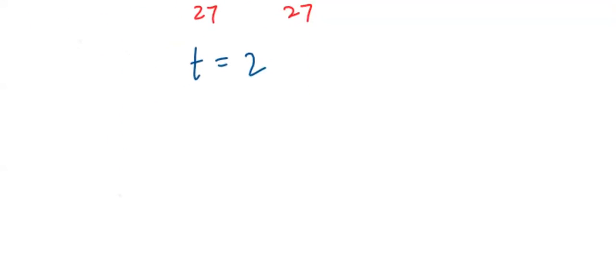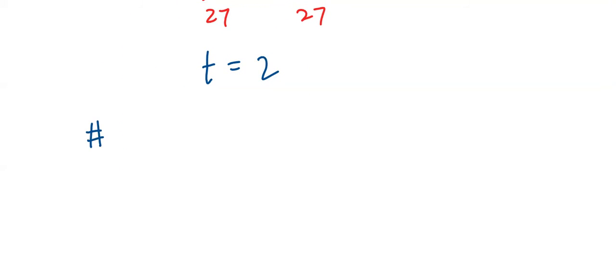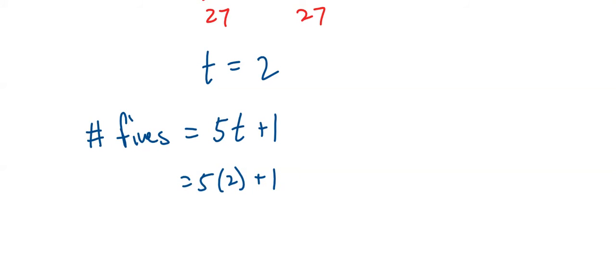Okay, so the number of 5s is 5t plus 1, which is 5 times 2 plus 1. Remember when we talked about substitution and how much we would be doing it throughout the semester? Almost every day, right? It comes up. And this is BEDMAS, 10 plus 1, which is 11.